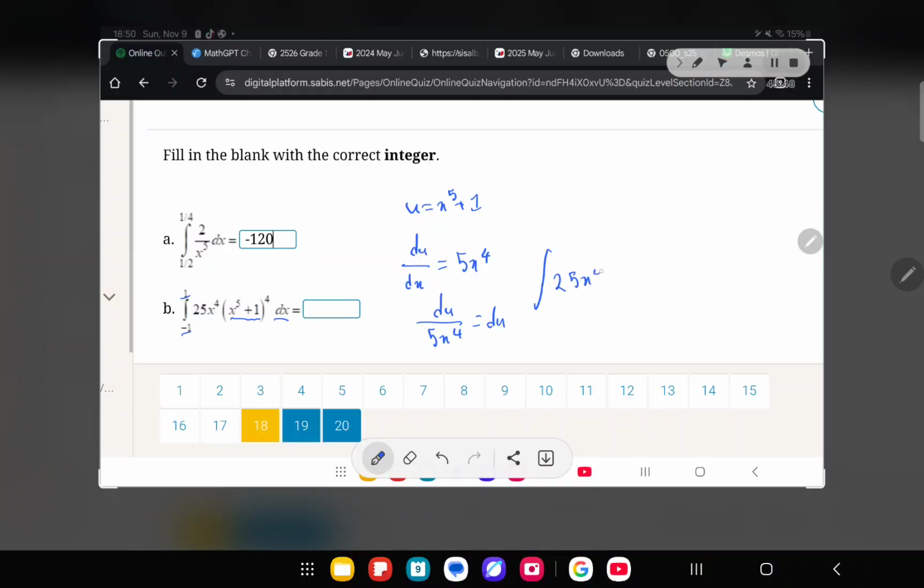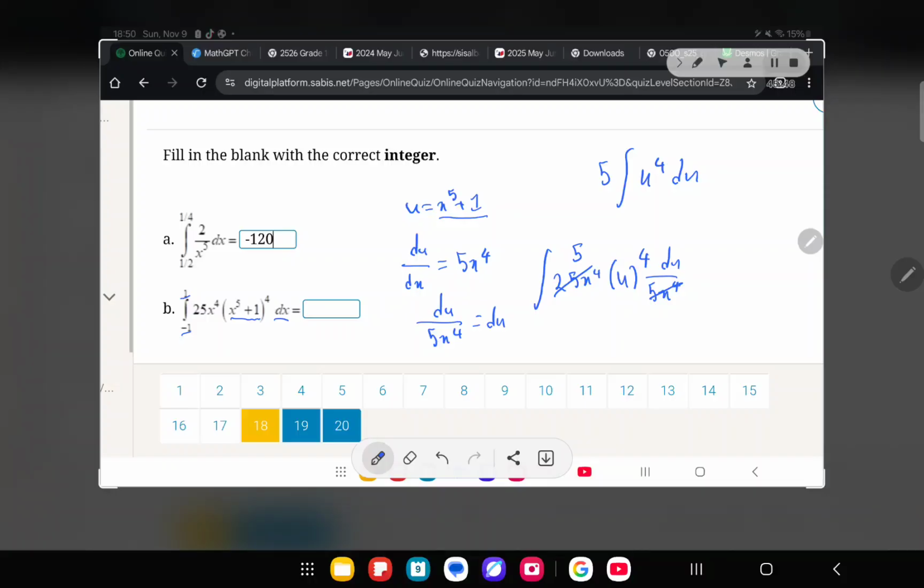25x to the power 4. And since x to the power 5 plus 1 is u, we can just put u to the power 4. And then du over 5x to the power 4. You cancel, you have 5 here, and then you just put the constant out, you get u to the power 4 du.